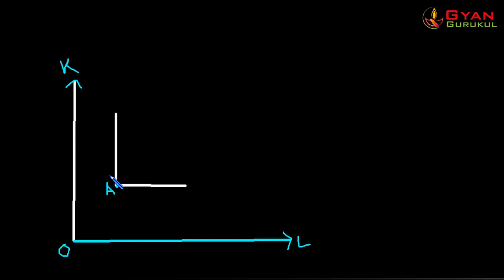Clear? So we know that in case of complements we use both the two factors or both the two products together. Now when it becomes perfectly complementary, you cannot substitute some amount of one for the other. See what happens in substitution.